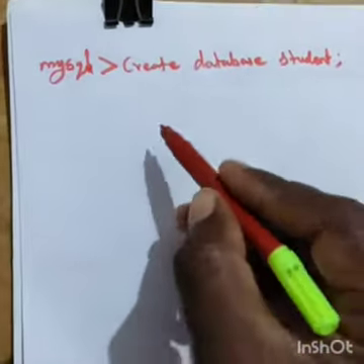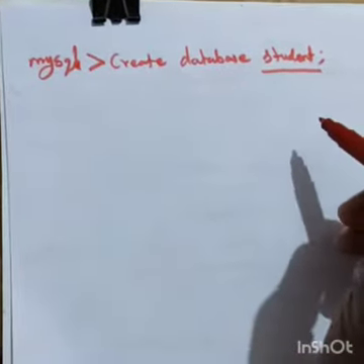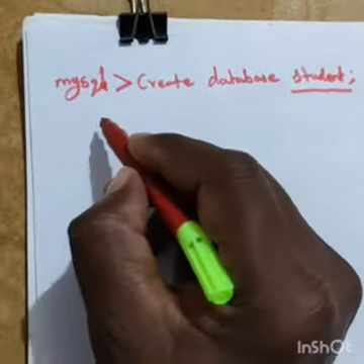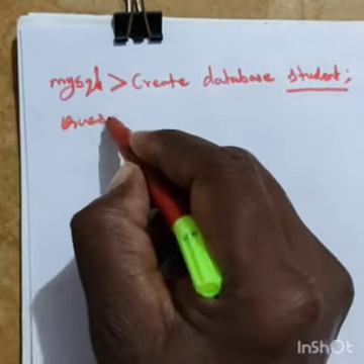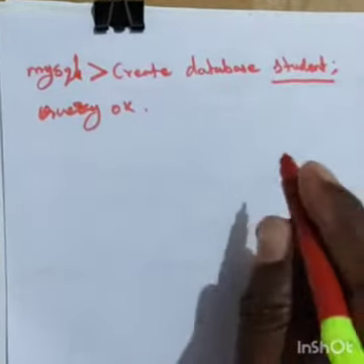Now what database is created? Create database. The database name is student. Now the query is okay. The database is created.